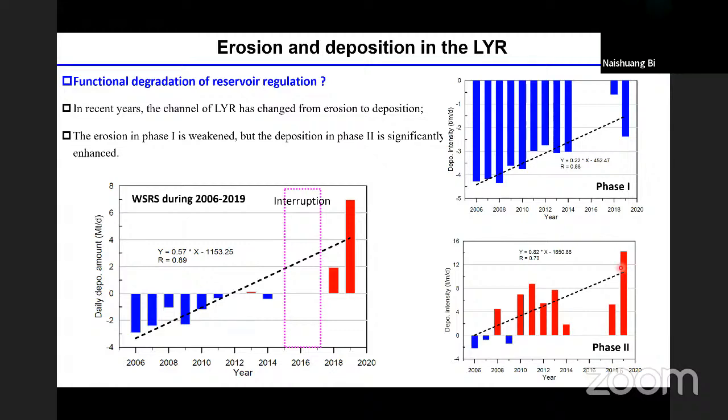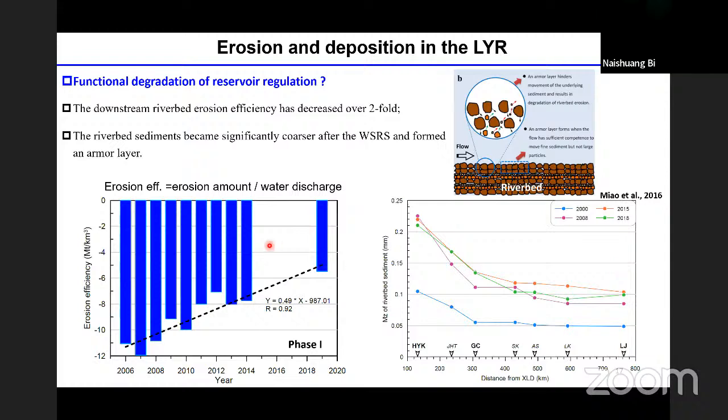For phase 1, we calculate the erosion efficiency, which is the erosion amount over the water discharge. It represents the erosional capacity of per unit volume water. You can see it decreased significantly, by over twofold. That indicates that the resistance of the downstream riverbed to erosion has significantly increased.